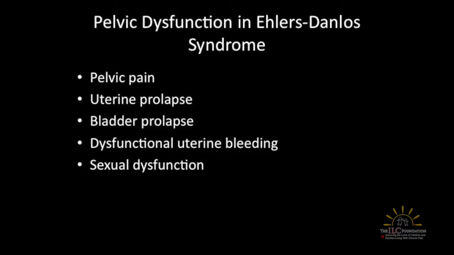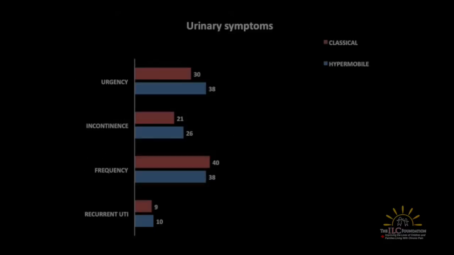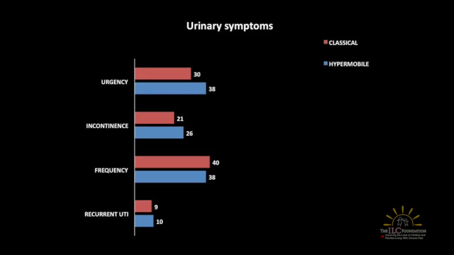When we looked again at our experience over the last 3 years and compared the classical and hypermobile types, you'll see that there's really not that much difference between the two. 30 and 38% experience urinary urgency, 21 and 26% urinary incontinence, 40 and 38% reported urinary frequency, and recurrent UTI was found in 9 and 10% of the classical and hypermobile patients, respectively.